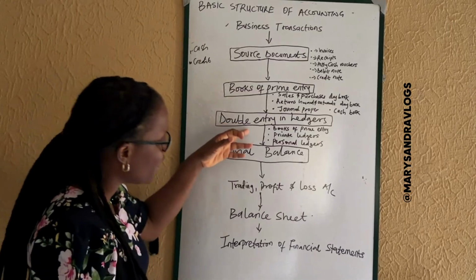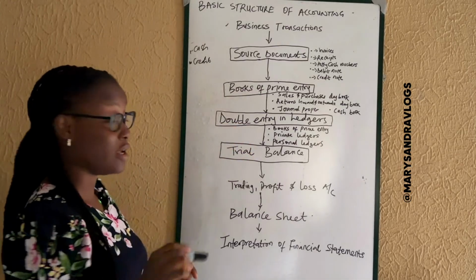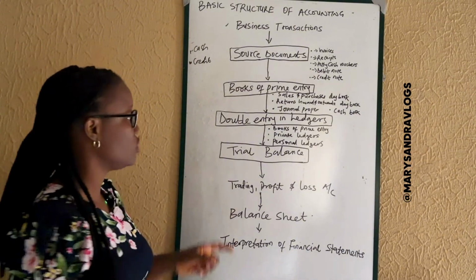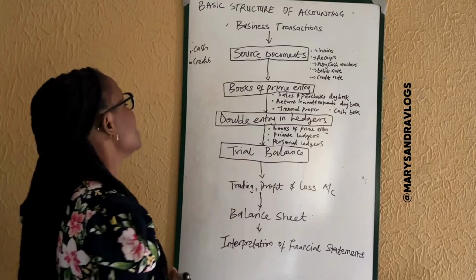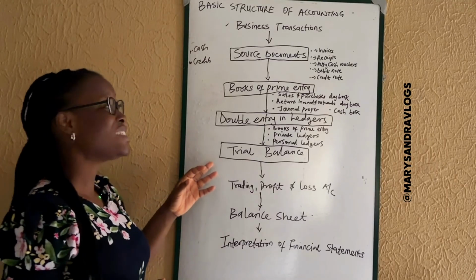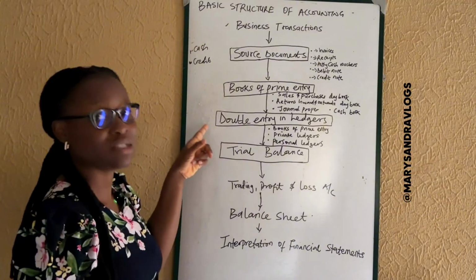Then after double entry has been done in the ledgers and all ledgers have been closed, the next thing is to post into your trial balance. A trial balance simply tests the arithmetical accuracy of your double entry system.